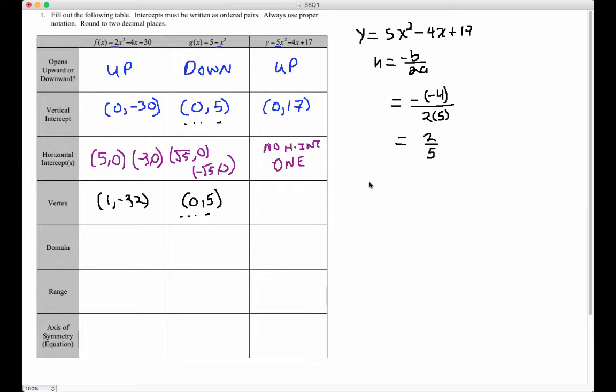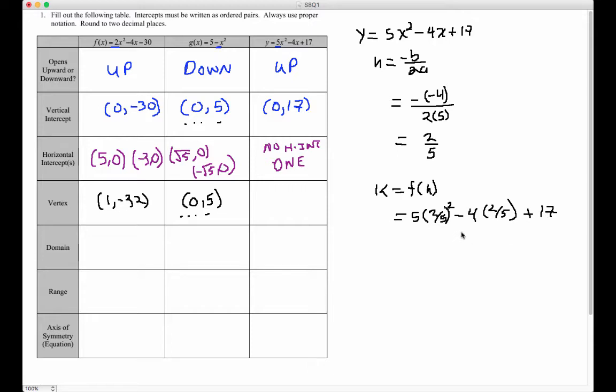Okay, to find out what k is, remember k is equal to f of h, which in this case means that we have to evaluate our function at 2/5. So that's going to be 5 times (2/5) squared minus 4 times 2/5 plus 17.